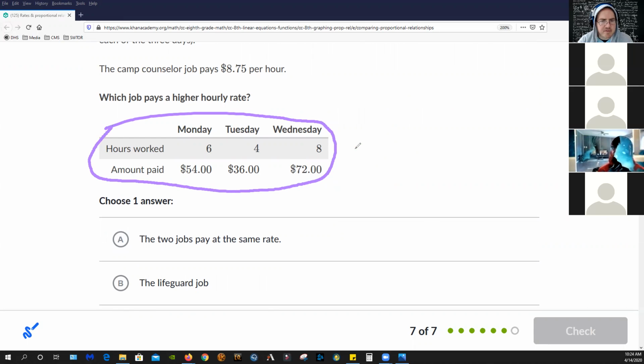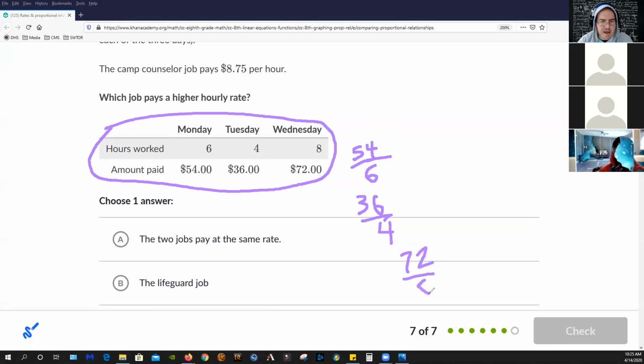So if I'm making $54 in 6 hours, or $36 in 4 hours, or $72 in 8 hours, those are all rates. They're slopes, they're speeds. We can just do some quick number crunching and figure out how much you made per hour.